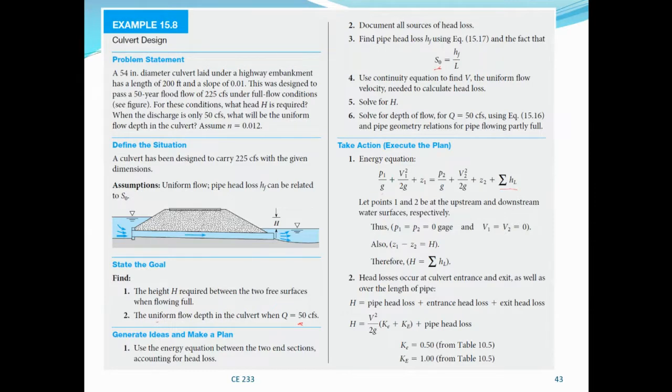And because they are all exposed to the atmosphere, the pressure is the same, atmospheric 0. And the velocities for the 2 points are also 0. So the head loss is simply due to the elevation difference. So the head loss is simply H here, which is Z1 minus Z2.